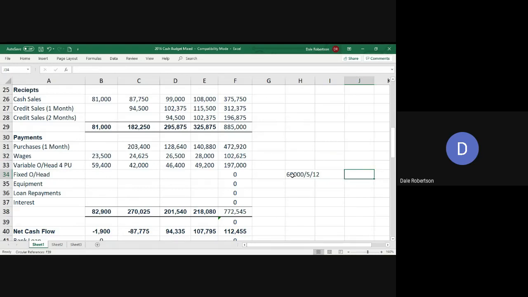Of course, 5 years is 60 months. So therefore, it's actually 1,000 per month. And that is our depreciation. So if we remove that bit from our fixed overheads, then the remaining fixed overheads, which actually are cash, are 27,000.